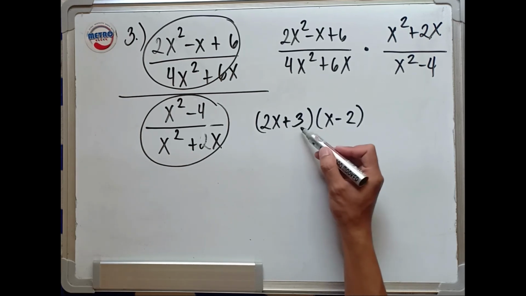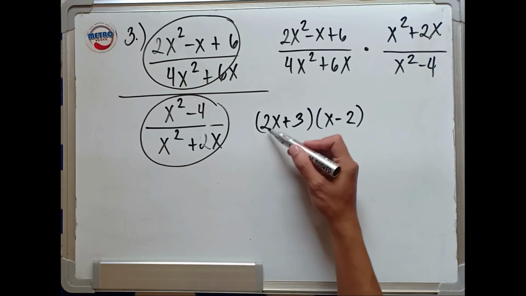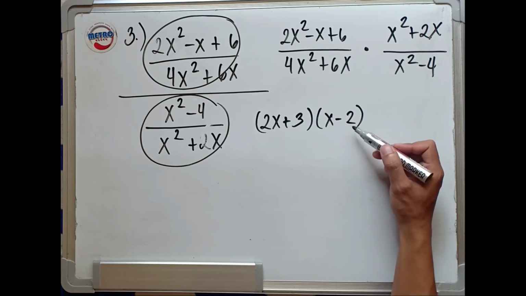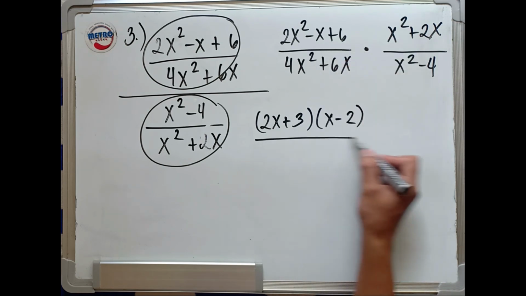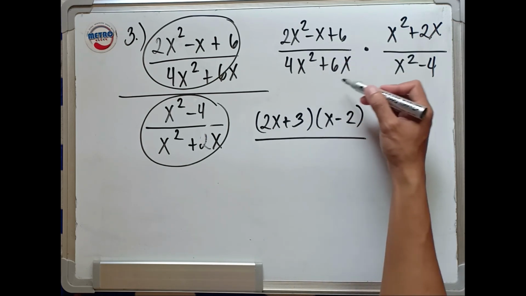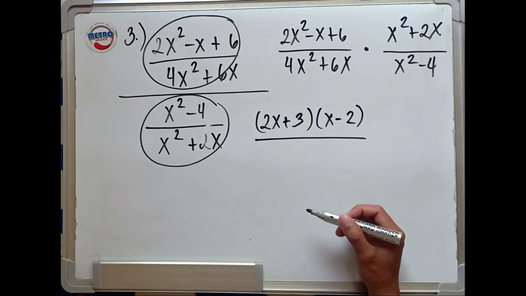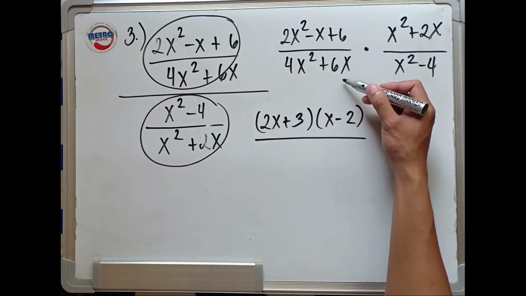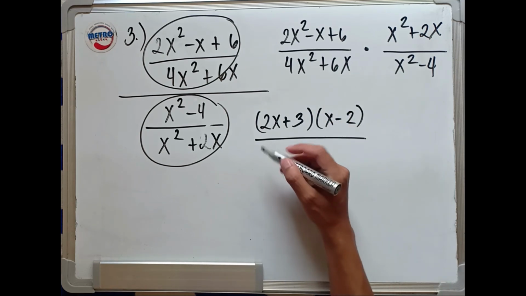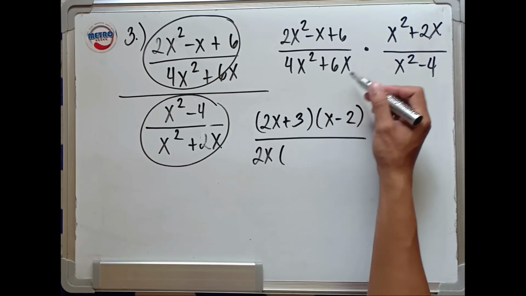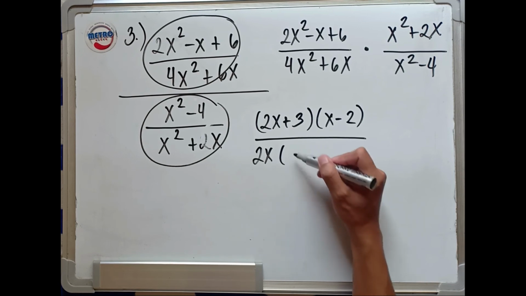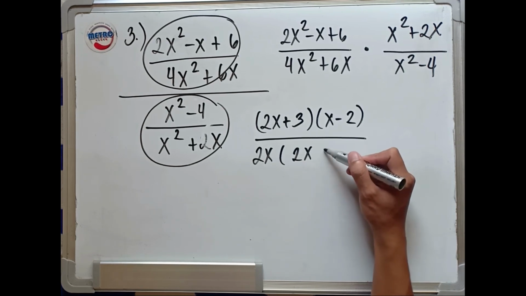To check, this will be 3x, negative 4x. When you combine 3x and negative 4x, that is negative x. And for our denominator, 4x squared plus 6x, the greatest common factor of these two terms is 2x. Then 4x squared plus 6x divided by 2x will be 2x plus 3.